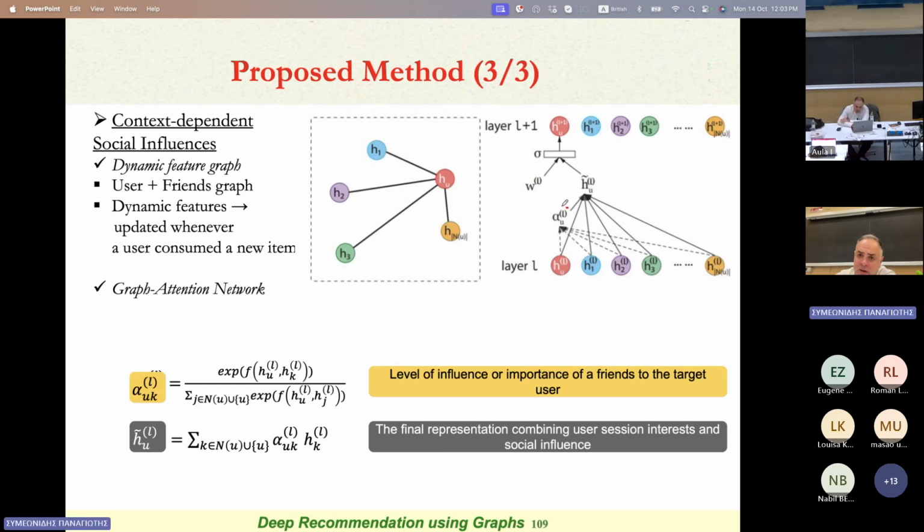In their model, they have this alpha. What do you think is this alpha? This alpha? This is the graph attention network that we discussed before. So they want to understand what is the node which should be placed more importance. Okay, that's why they have this alpha.